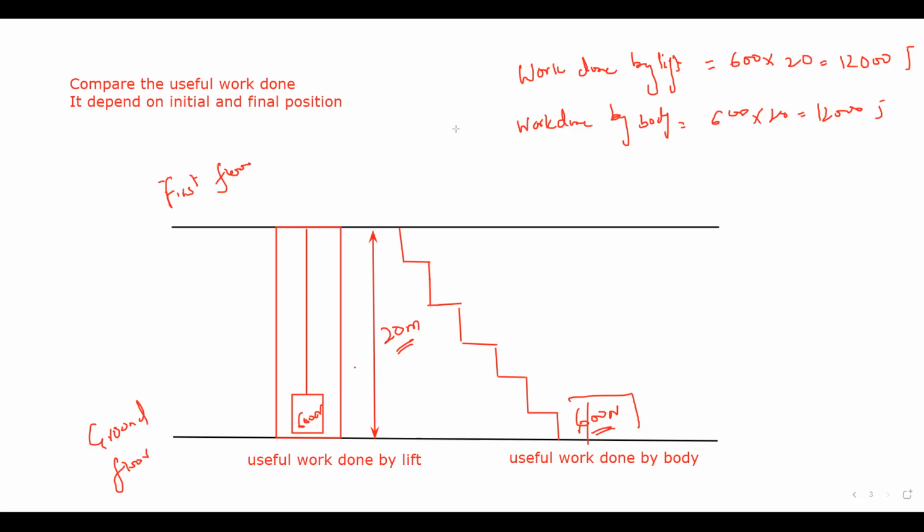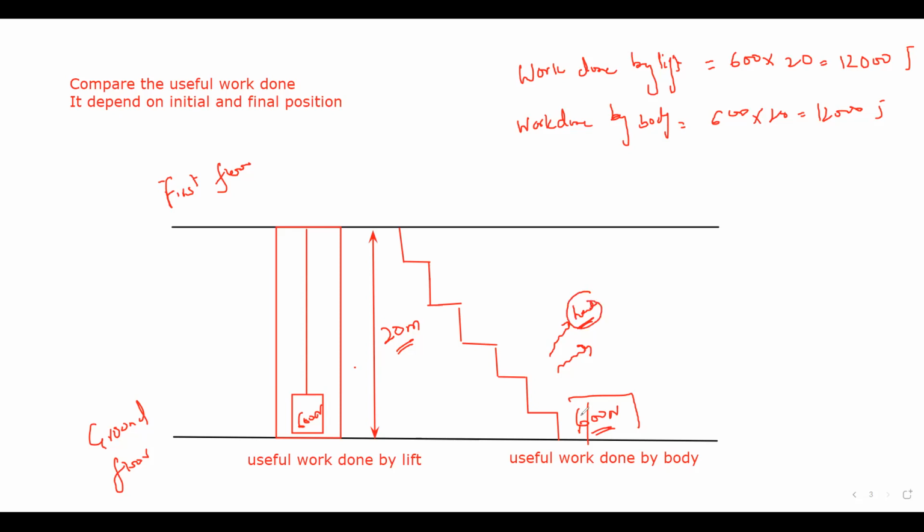What is the meaning of useful work done? The work which is done to move the object is called useful work done. The lift is lifting the body up from the ground floor to the first floor. But when a human body climbs the stairs, it also produces heat, so it is losing energy in the form of heat as well.